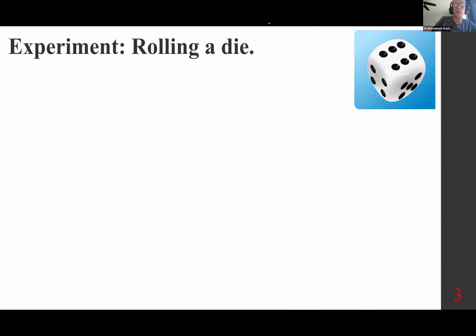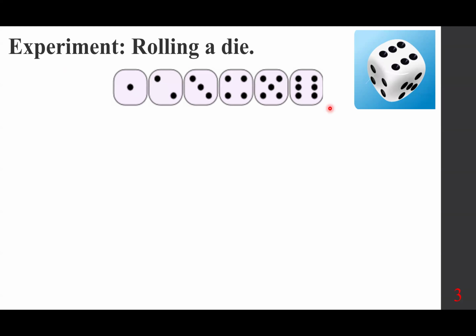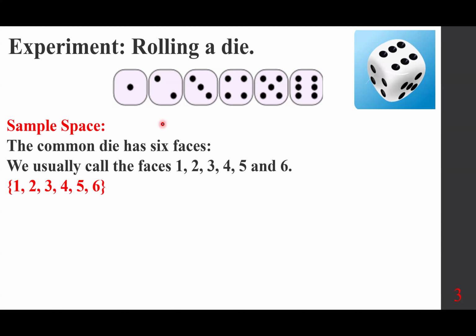So just to understand how this thing works, let's look at an experiment involving rolling a die. It's a regular die or a common die, has 6 sides: 1, 2, 3, 4, 5, 6. Those are the numbers. Sample space.